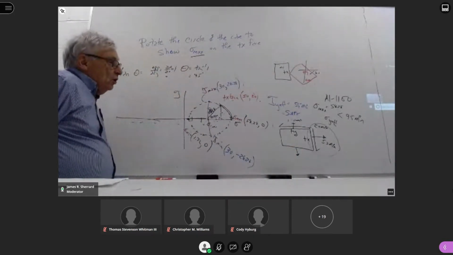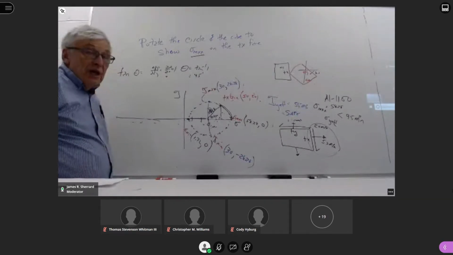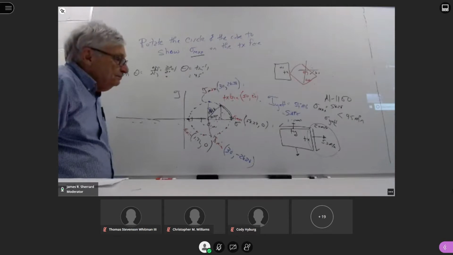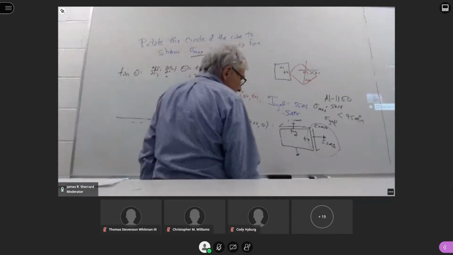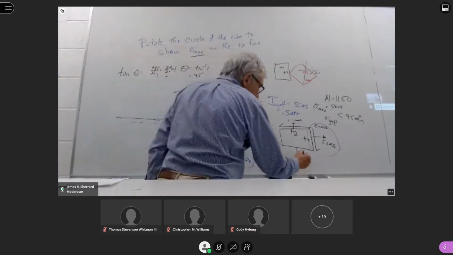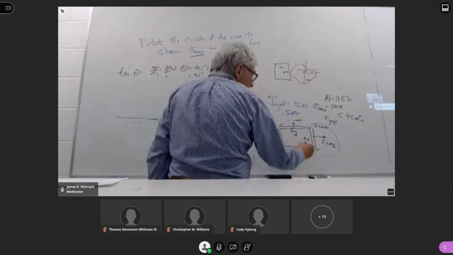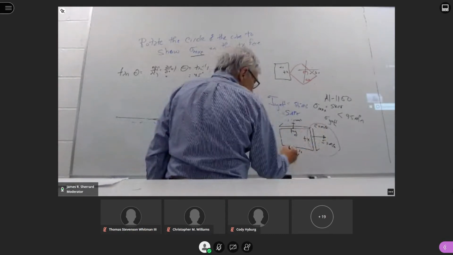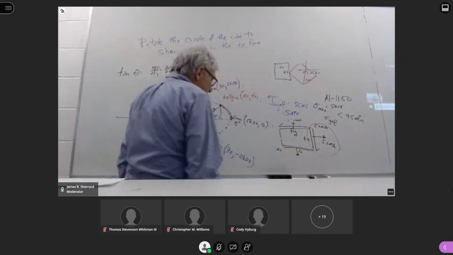If you rotate it down to show a minus y base, you're going to have the exact same value. Where this was 10 and this was 20.